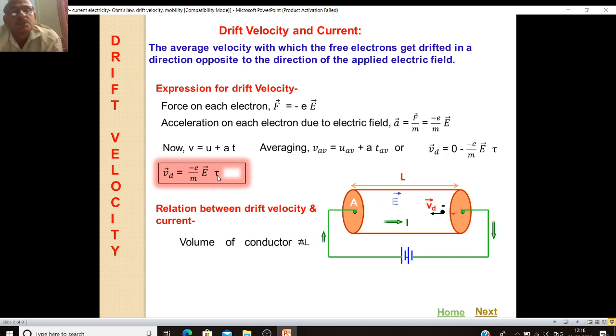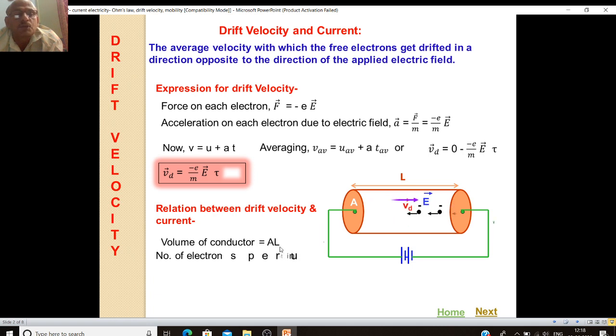Now the relation between drift velocity and current. If area of cross section is A and length of the conductor is L, then volume of conductor is AL. Now if we let the number of electrons per unit volume be n, then the total number of electrons in this conductor will be nAL.